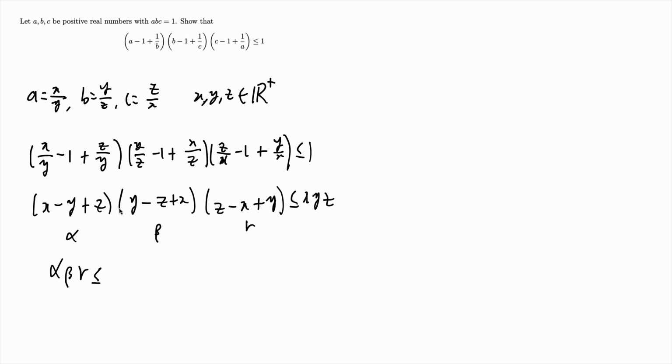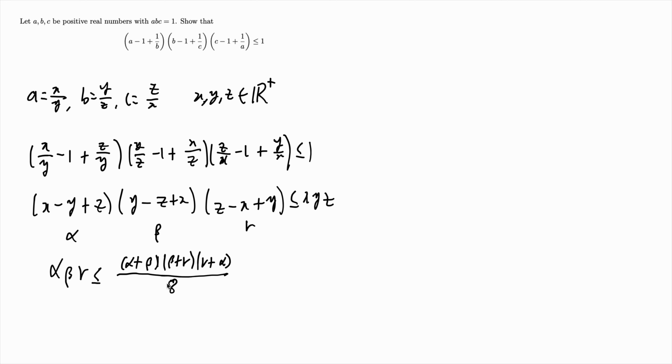Alpha plus beta is actually 2x because these two cancel out. Alpha plus beta is 2x. Beta plus gamma is 2y. Then naturally gamma plus alpha would be 2z. Therefore, we could write this as the product over 8.